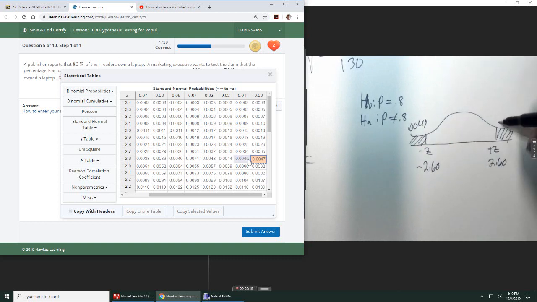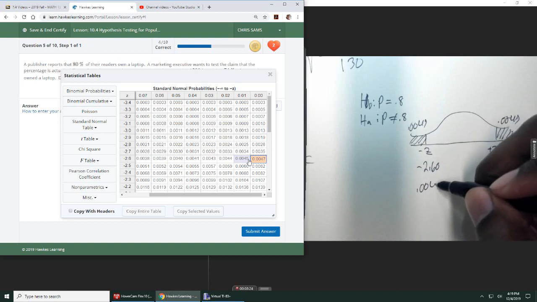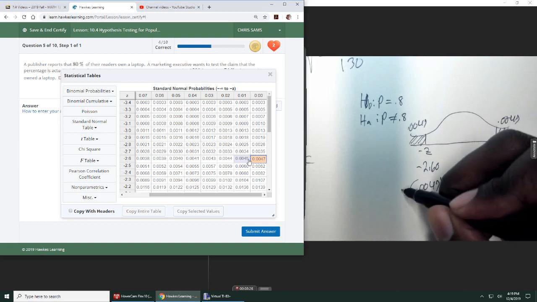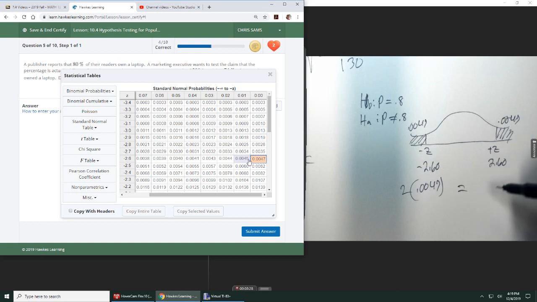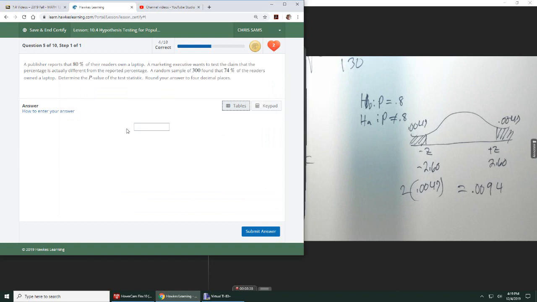That's also the same thing here. So we just need to double up. So 0.0047, let's do it times 2. And this gives us 0.0094. And that is our p-value. It's just the combined area to the left or right of that test value.